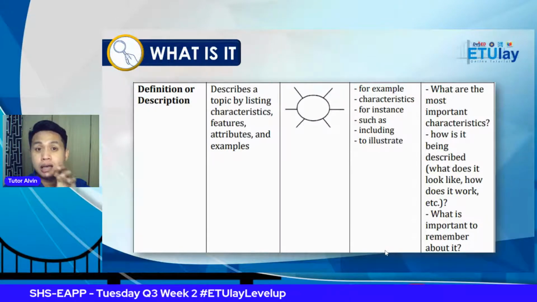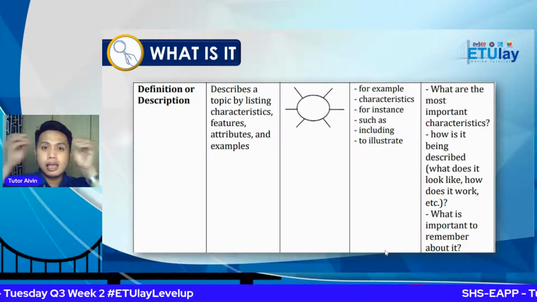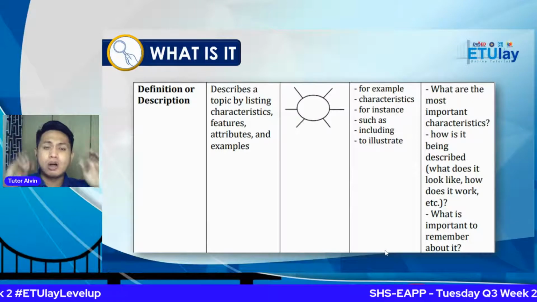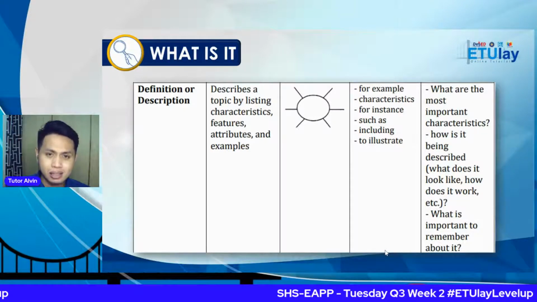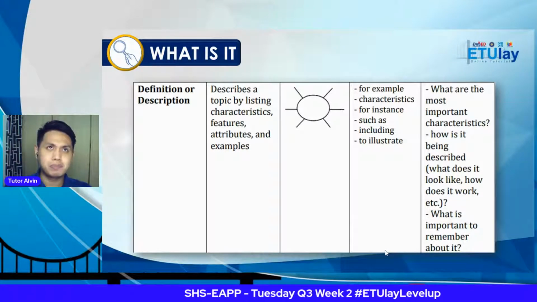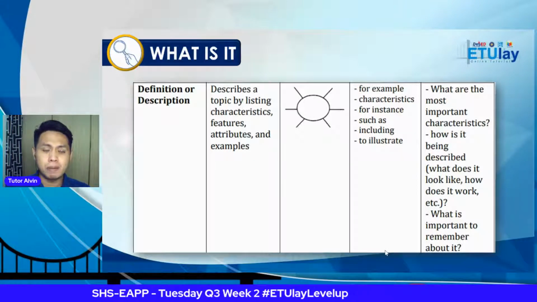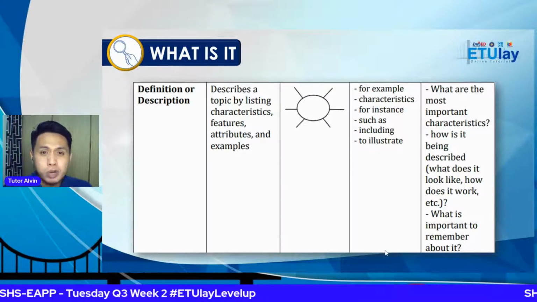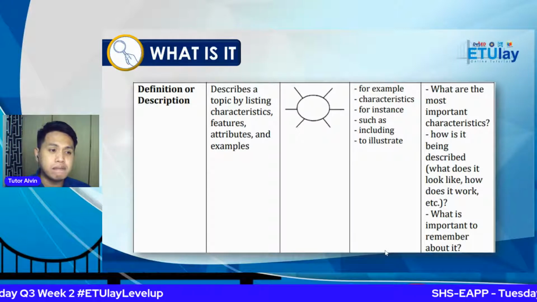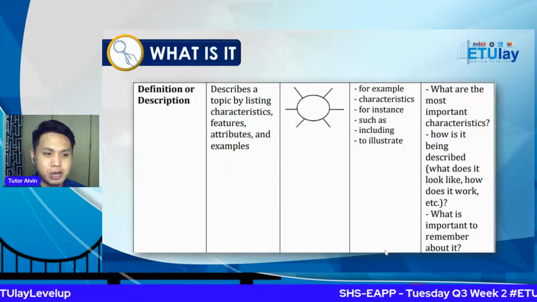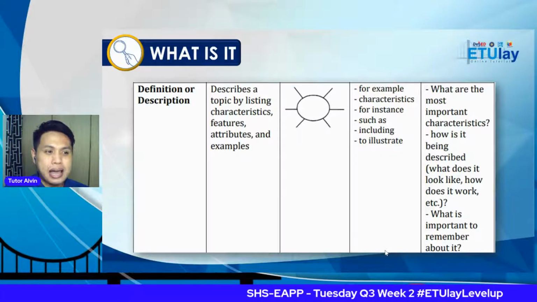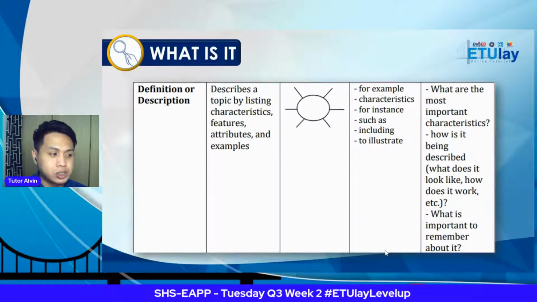The topic is in the middle, and you keep on defining the concept, describing it. Expectedly, you should come up with a descriptive text or an article following the definition or description structure. So that is the definition or description.